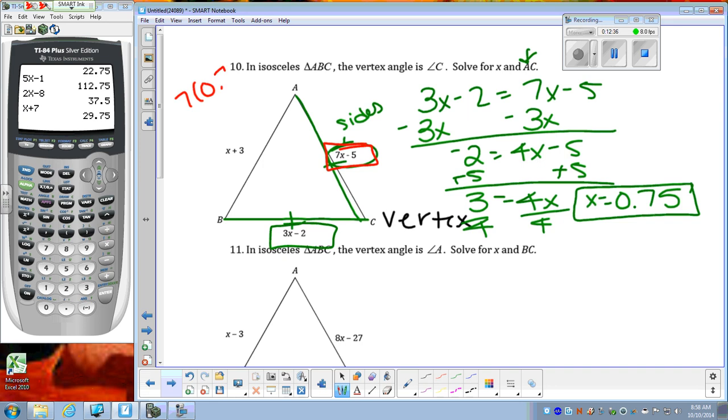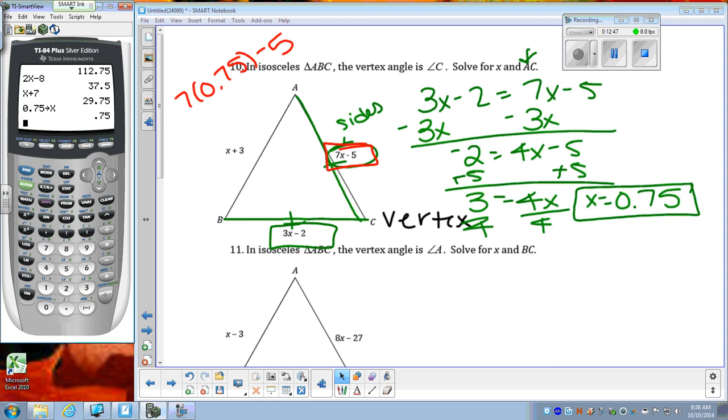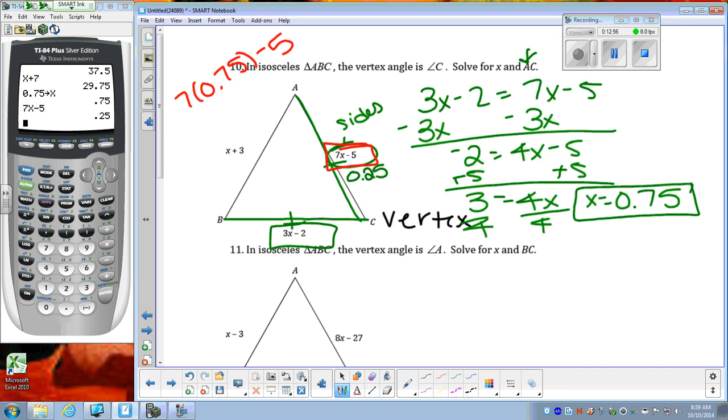I'm going to use my calculator and my store button. 0.75 store x, and then 7x minus 5. I get 0.25 for AC. So there's my answer.